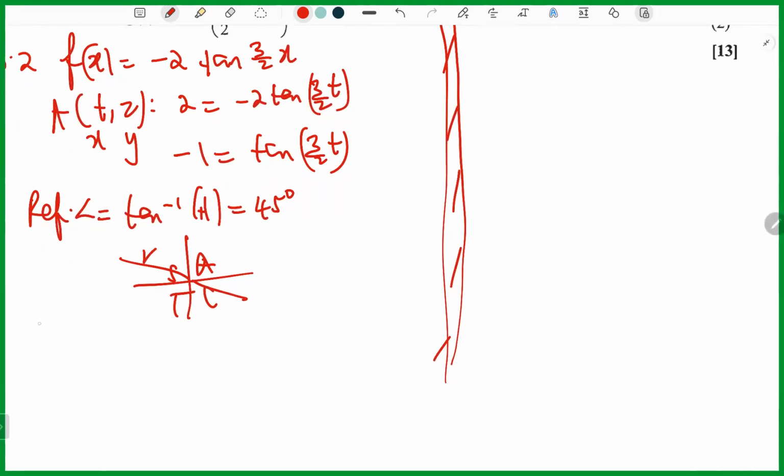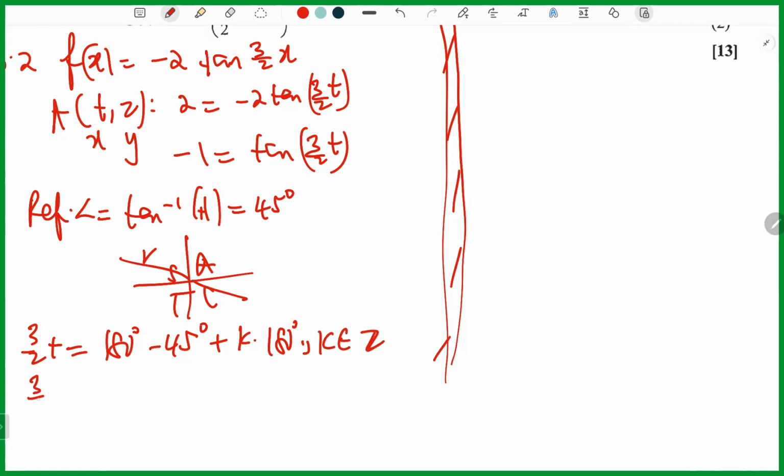So that solution is going to occur when we have 3 over 2 t equals 180 degrees minus 45 degrees, plus k times 180 degrees, the period of the tangent function. What is 180 minus 45?